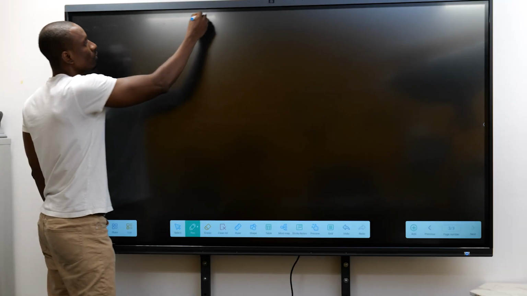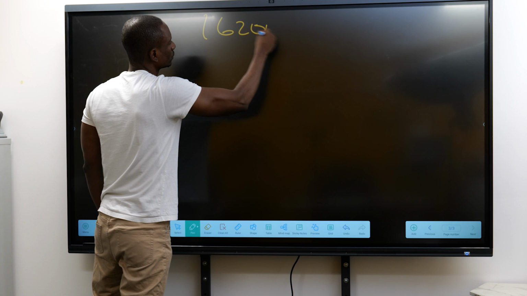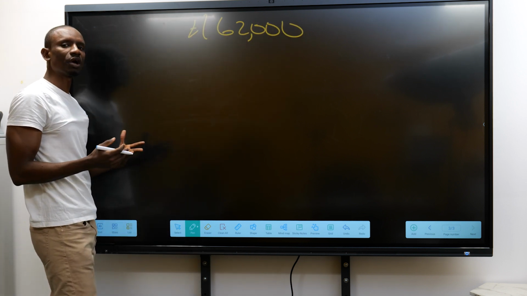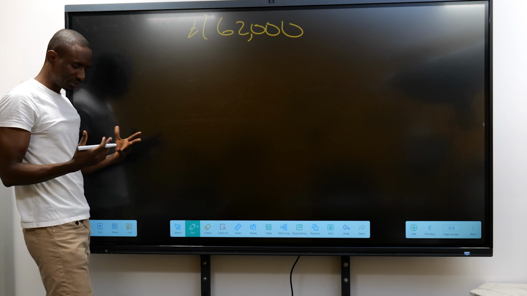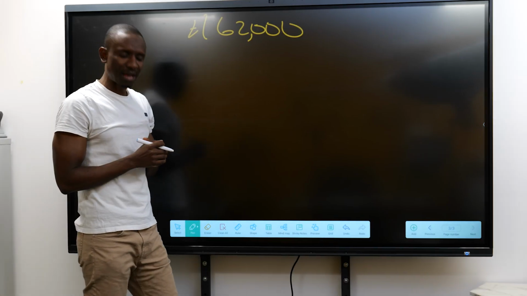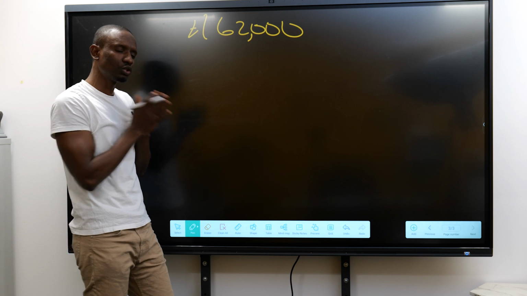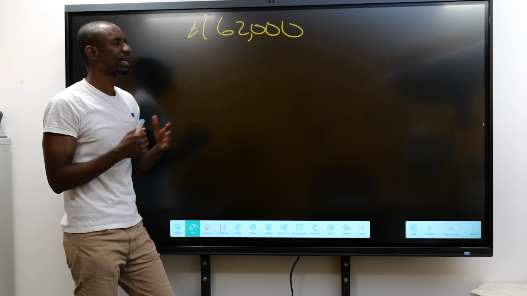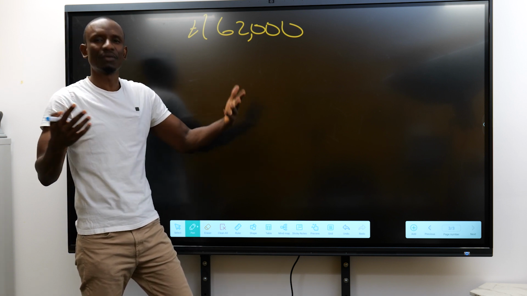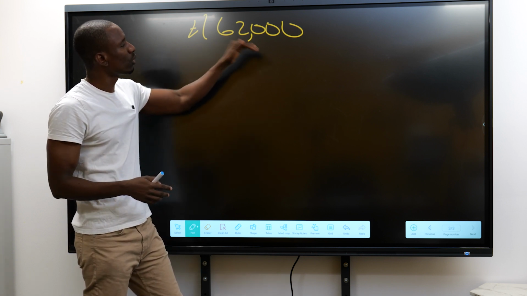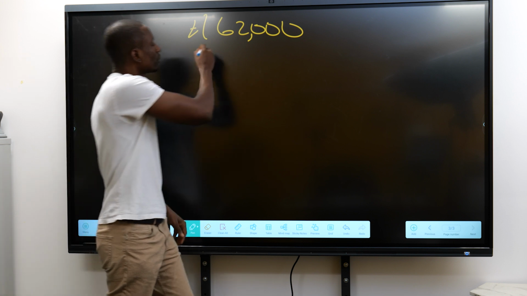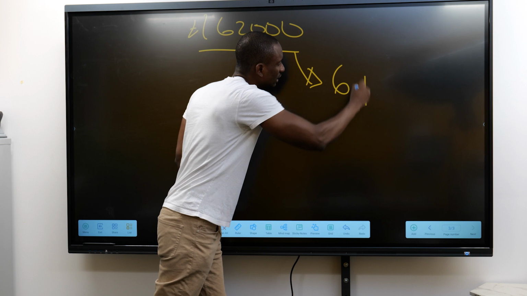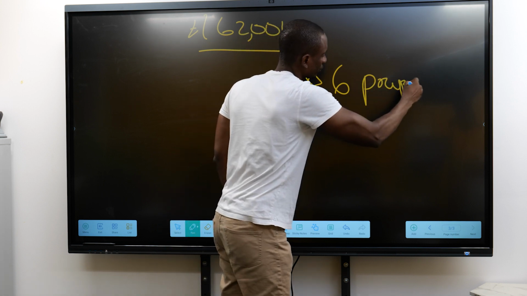As we now have £162,000, what we're going to do is go onto the market and look for properties. So with that £162,000, we are in a better position, and we can use this money to go and look for properties. If you're really clever, we're going to look for properties that are worth £100,000. With properties worth £100,000, this £162,000 would allow us to be able to buy 6 properties.